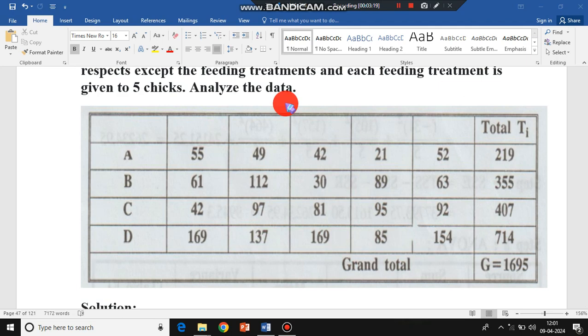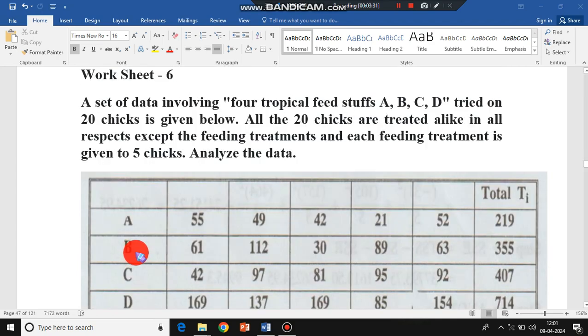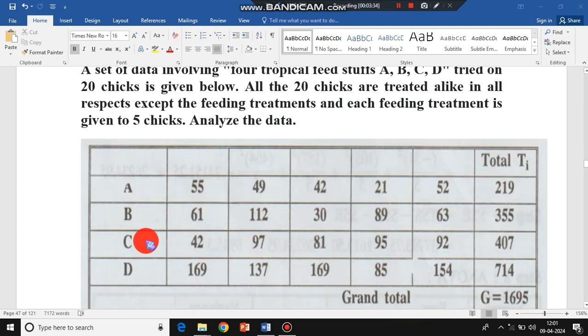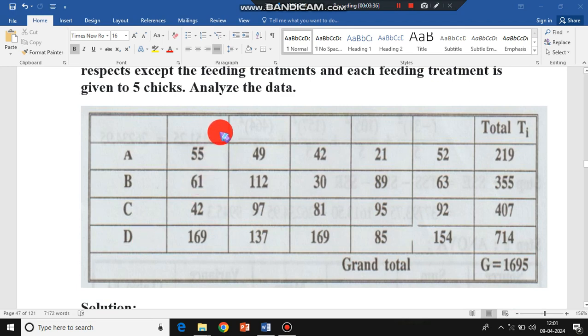What is the meaning of analysis of the data? It is whether there exists a significant difference column wise as well as row wise. Row wise there are 4 feedstuffs, A, B, C, D, and column wise there are 5 treatments, 1, 2, 3, 4, 5.